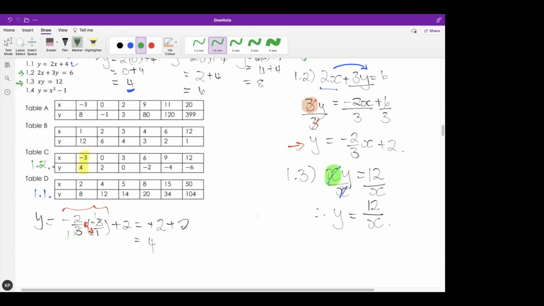All right, let's check with number 3. Again, with number 3, be careful. Remember to use the correct formula, which is over here. All right, let's check with A. Y equals, I'm going to substitute a 0. 12 divided by 0. Is this even possible, guys?